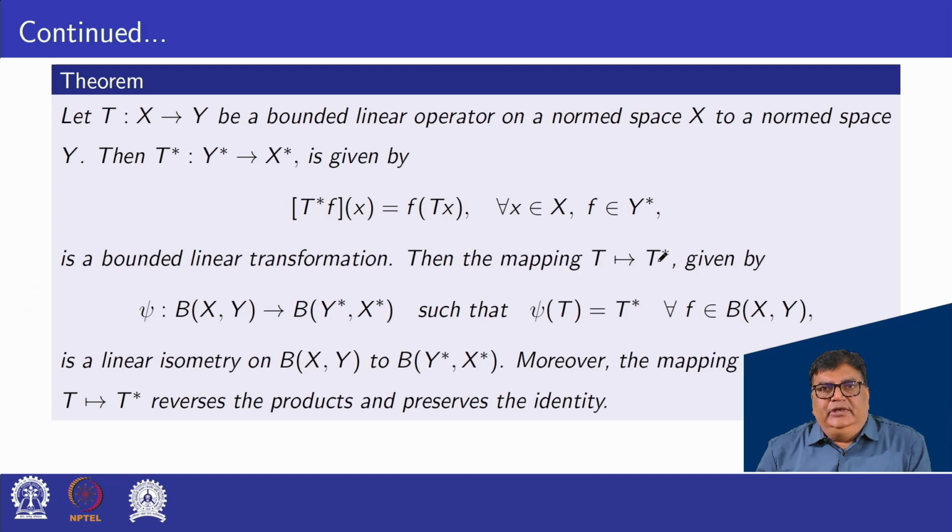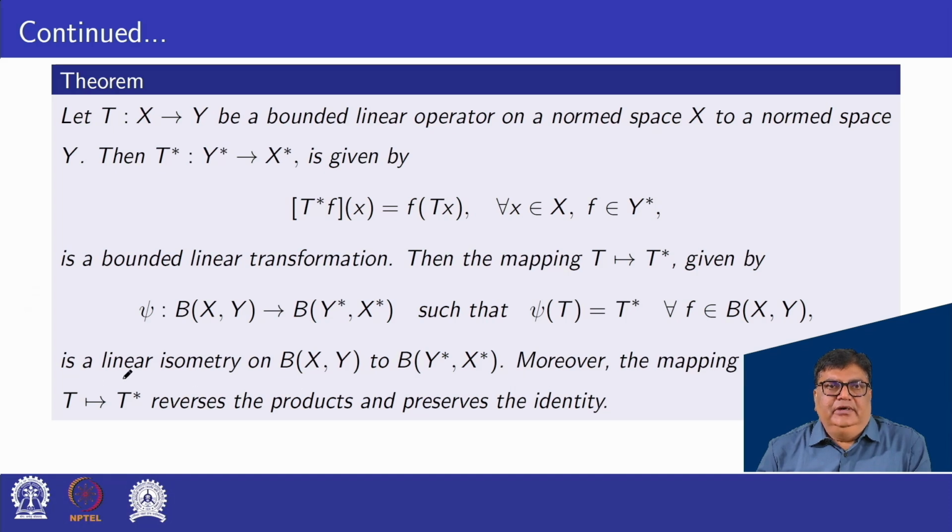Then the mapping psi from B(X,Y) to B(Y star, X star), given by psi(T) equal to T star, where B(X,Y) means the set of all bounded linear transformations from X to Y, and similarly B(Y star, X star) is the set of all bounded linear transformations from Y star to X star, is a linear isometry from B(X,Y) to B(Y star, X star).